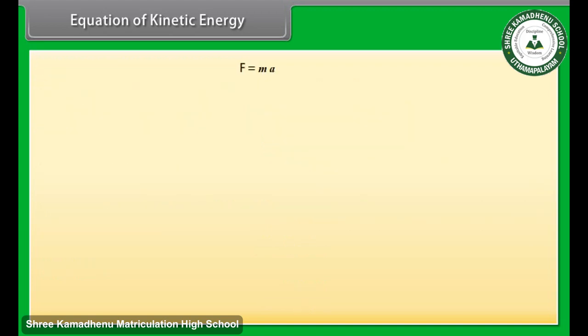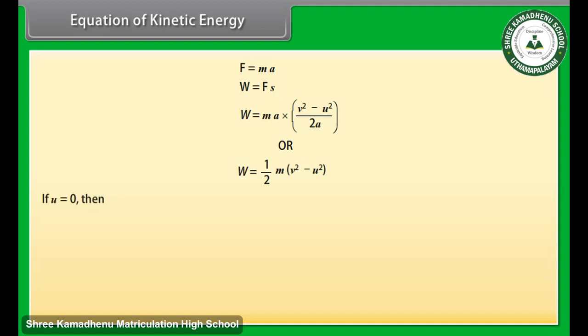We know that F is equal to ma, so by using values of F and s in the equation of work, we get W equals ma into (v squared minus u squared) upon 2a. Or we can write it as W equals 1/2 m (v squared minus u squared). If the object is starting from its stationary position, that is u equals 0, then the work done W equals 1/2 mv squared.